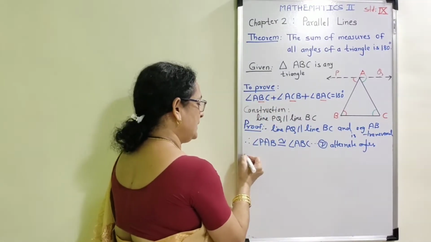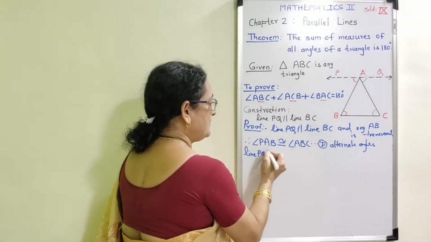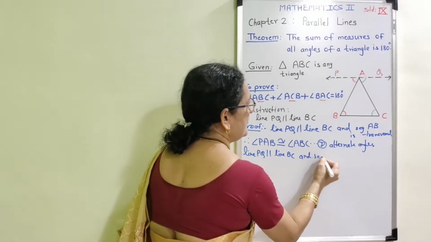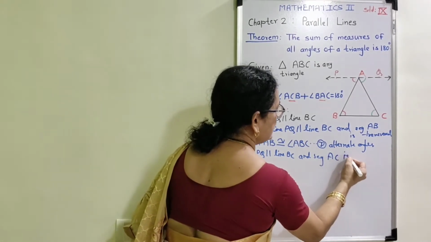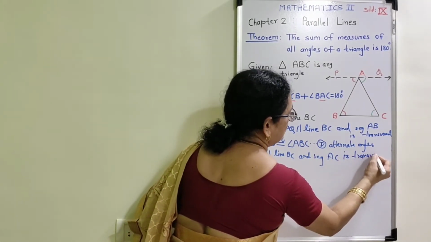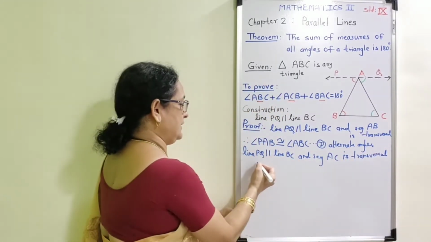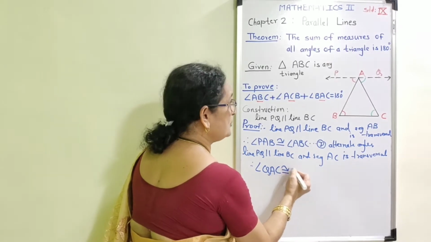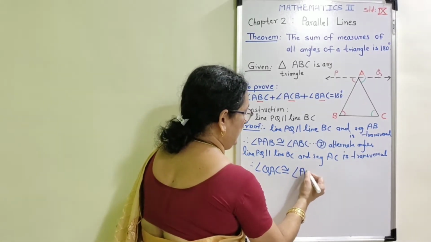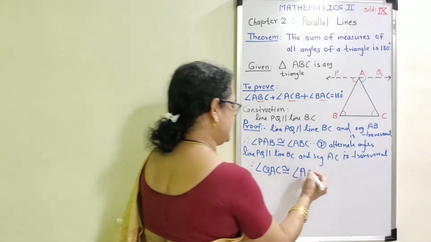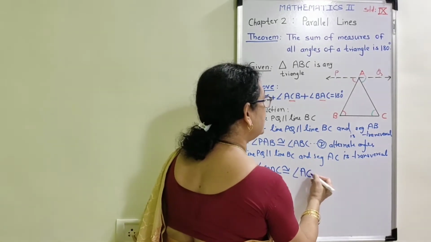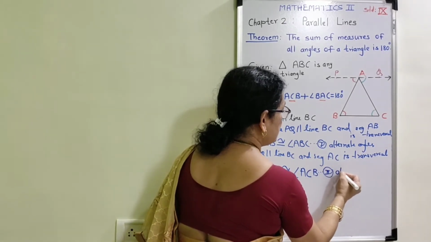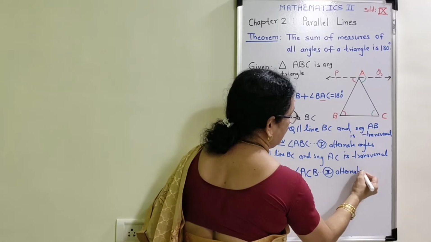Now second: line PQ is parallel to line BC and segment AC is transversal. Now the second pair of alternate angles, that is angle QAC is congruent to angle ACB. This is my second pair. The reason is alternate angles.